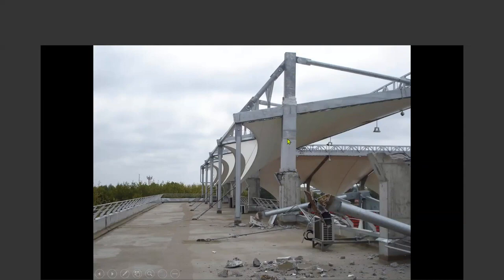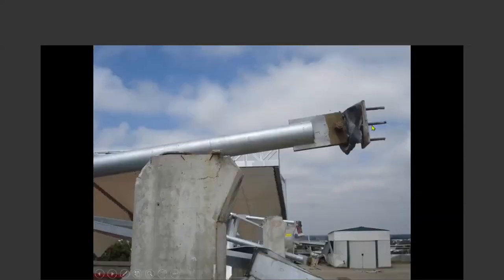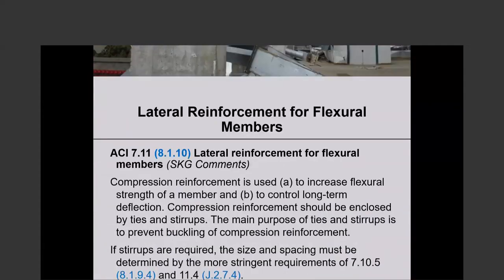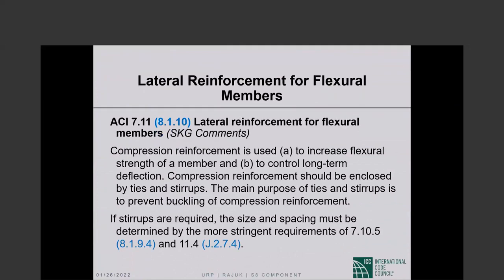So those things have pulled out of the concrete. Here you see, these are the anchor bolts that were in concrete and have pulled clearly out, and that brought the roof down. And we are now talking about confining those anchor bolts. Okay, so you see how necessary that is.